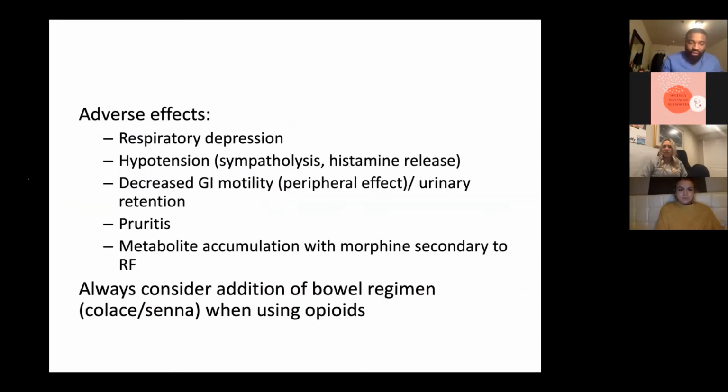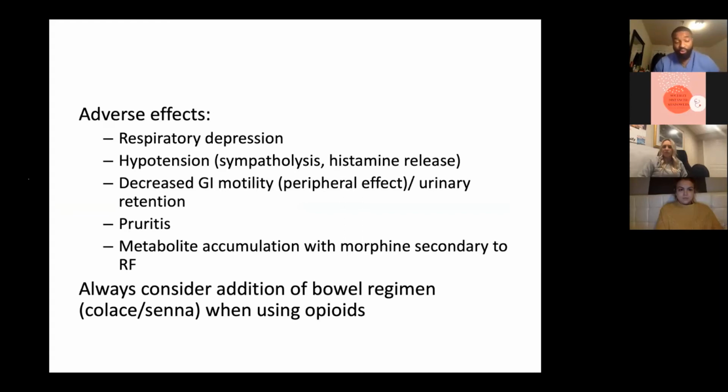The adverse effects of opioids are respiratory depression, hypotension, decreased GI motility, pruritus, and metabolic accumulation with morphine secondary to renal failure. So when you're giving a patient opioids, always consider a bowel regimen, Colace and Senna, because these decrease GI motility.